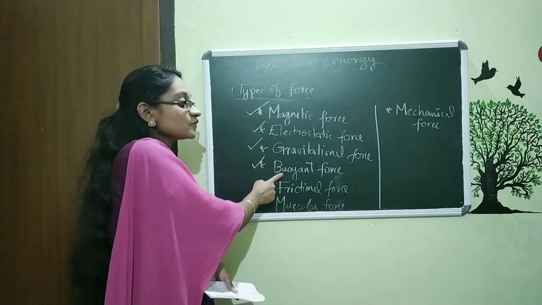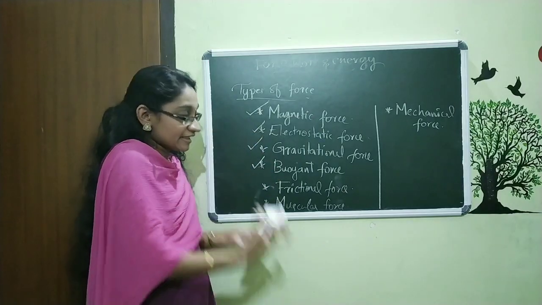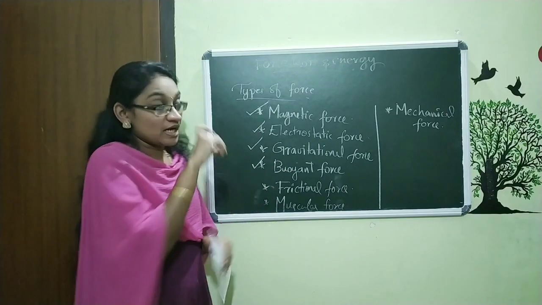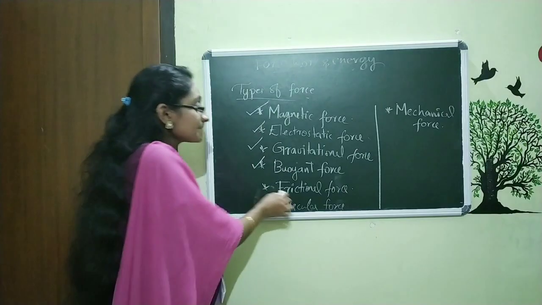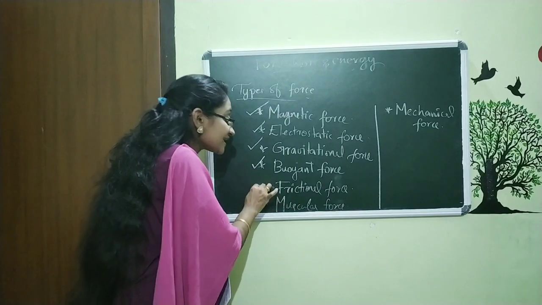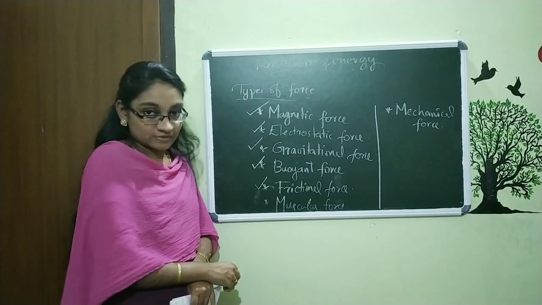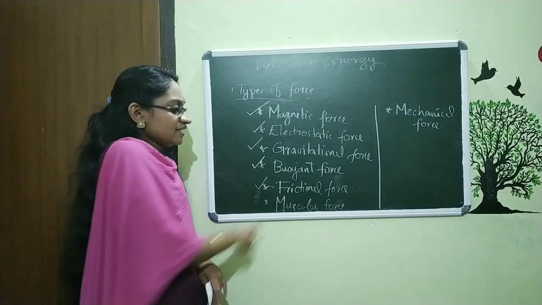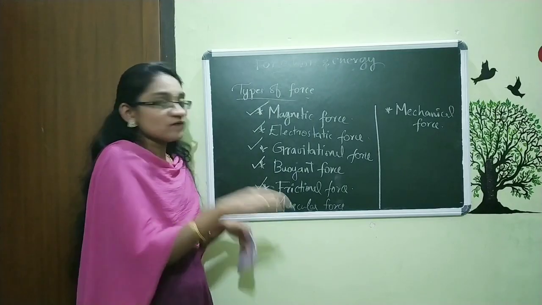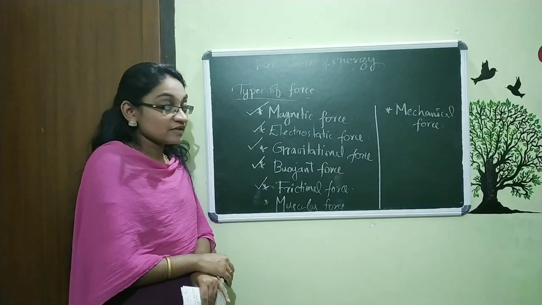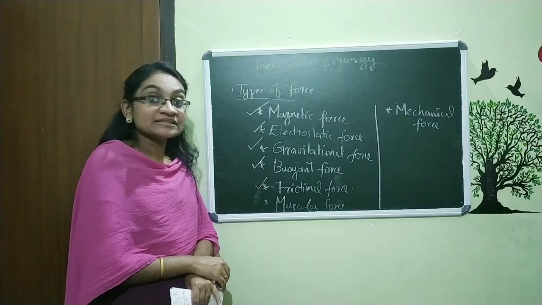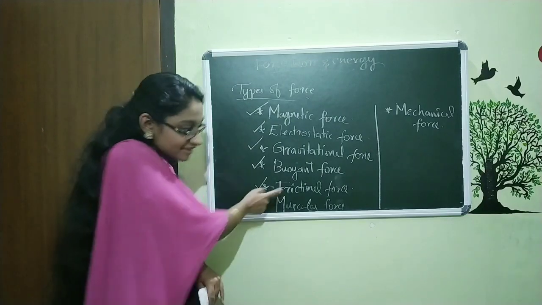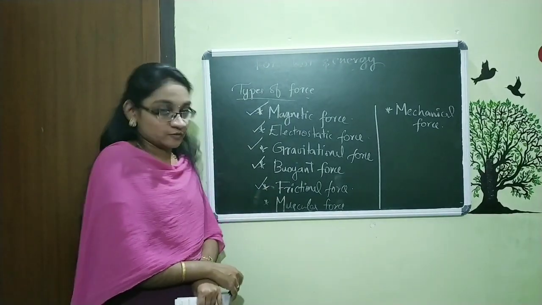This is the force that we experience in water. The next is frictional force. When we are walking on the road, you can see our chappals getting worn and torn. The reason is nothing but frictional force.